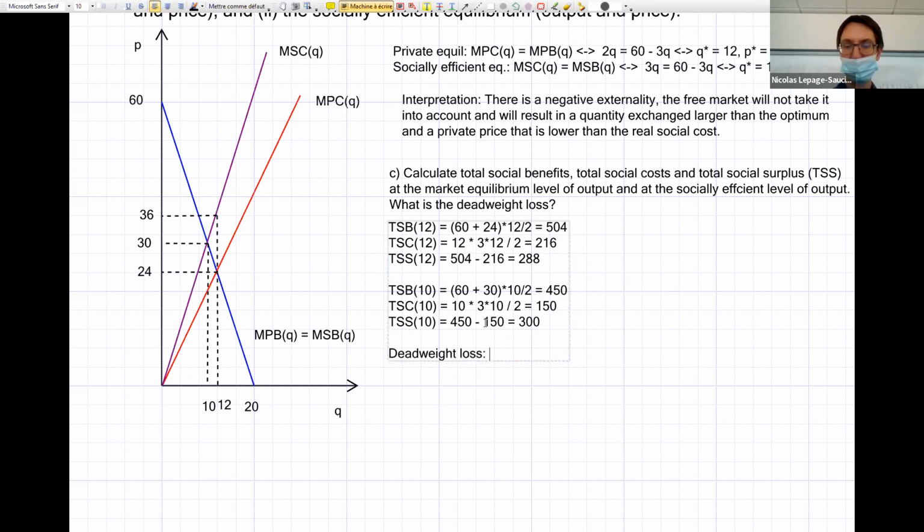So you can just compute. It's 300 minus 288, so that's 12. But let's see if we can get the same answer with this. It should be this triangle there.